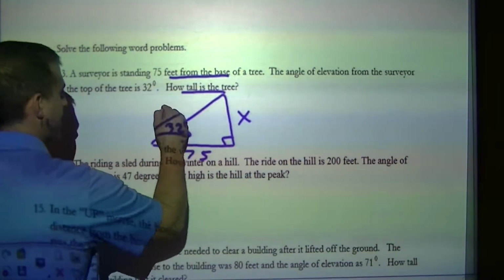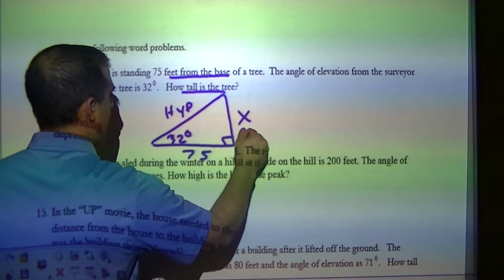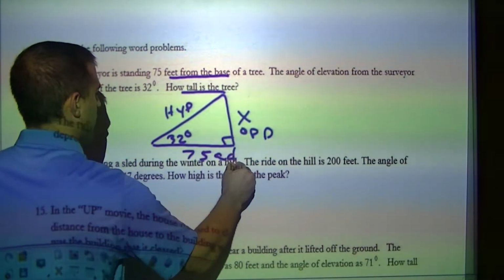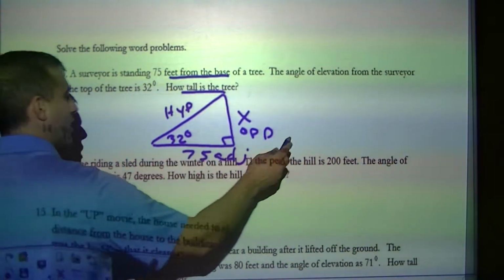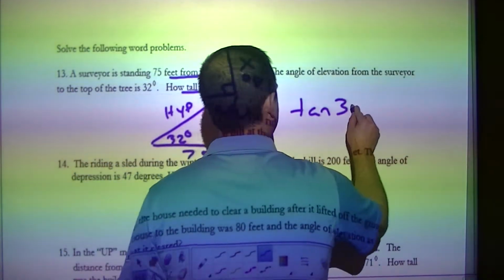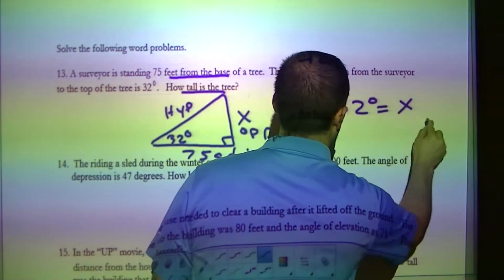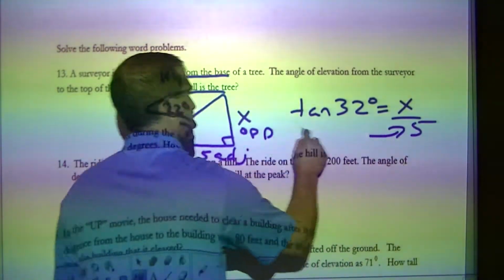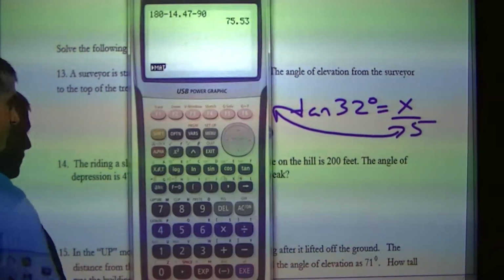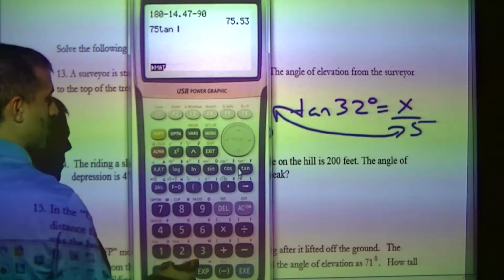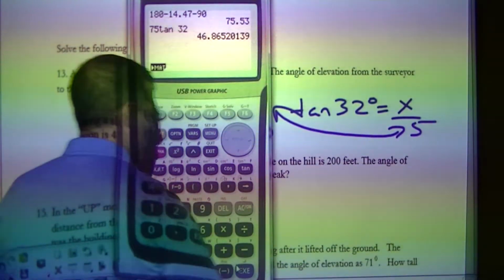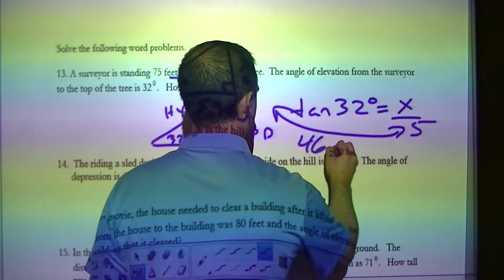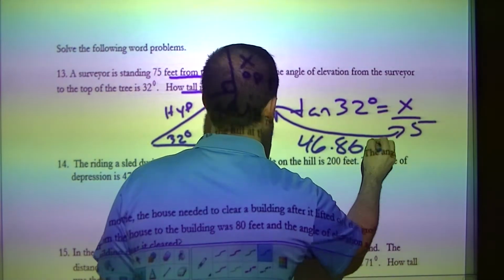When you label this, this is the hypotenuse, this is the opposite, this is the adjacent. Just like our normal trig, I have opposite and adjacent, which is tan. So tan of 32 equals x over 75. To solve that, I move that 75 up. So 75 tan of 32, and I get 46.86. That'll be feet, I guess.